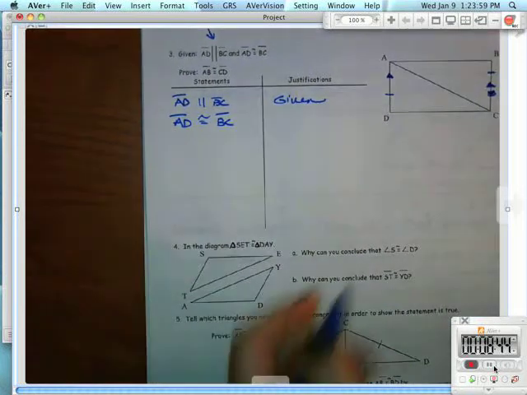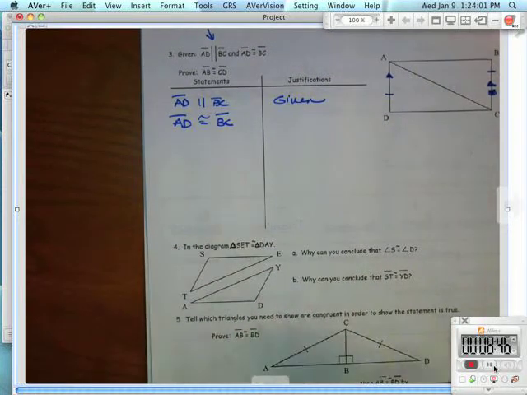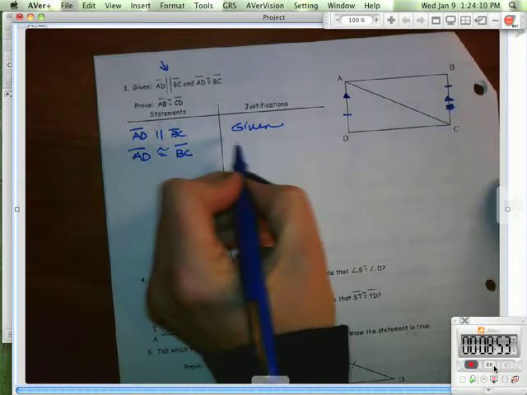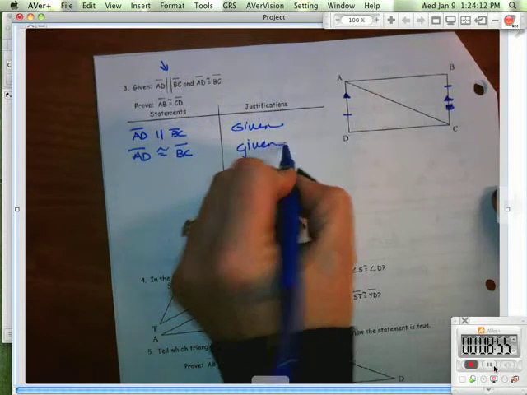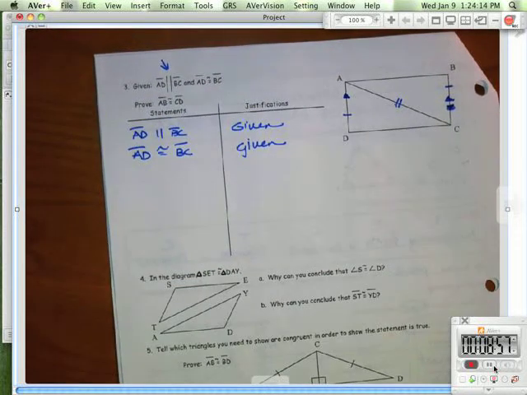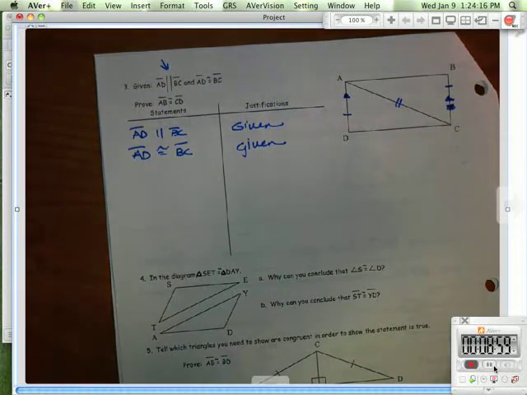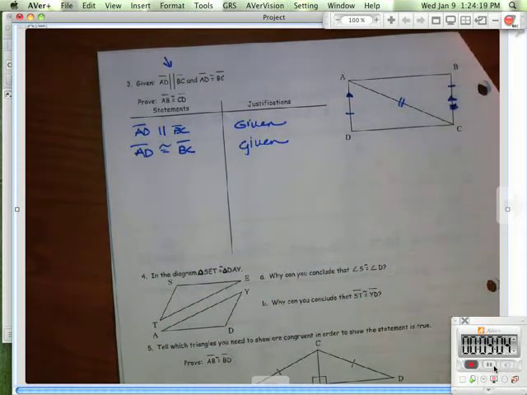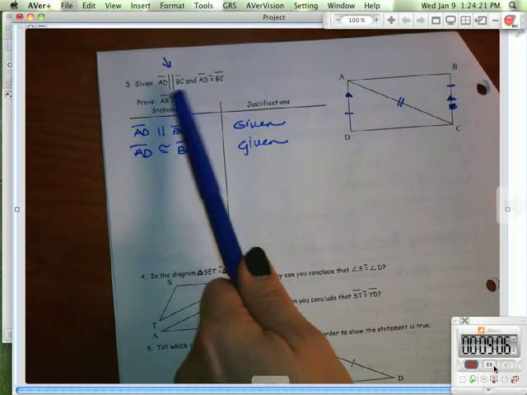What other side do I know in this picture is congruent to itself? Oh, this is given. Because they gave me that. They said that AD was congruent to BC. Parallel and given. Okay.